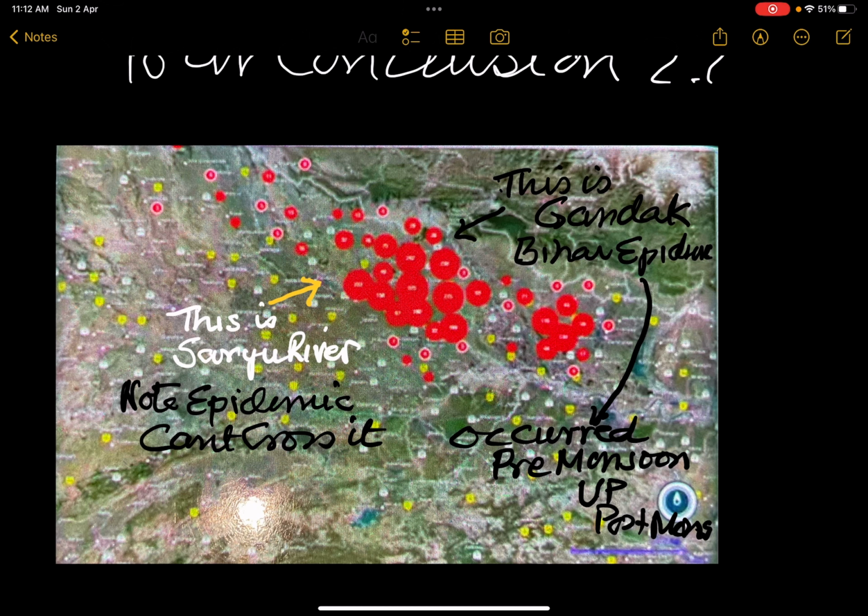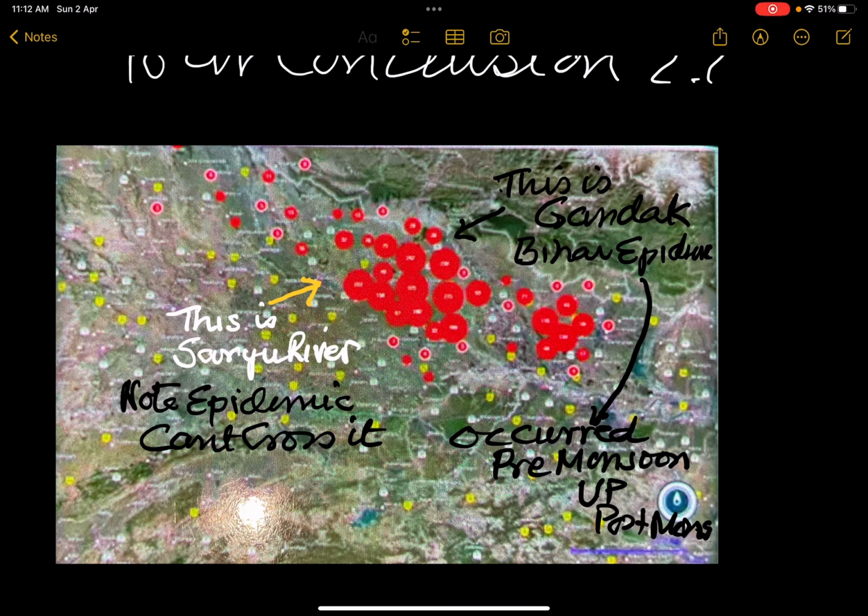Then it spread to Gorakhpur, and when the Saryu was flooded, it contaminated the drinking and cleaning water sources near the people's homes, and that huge post-monsoon epidemic started in the Eastern UP region.